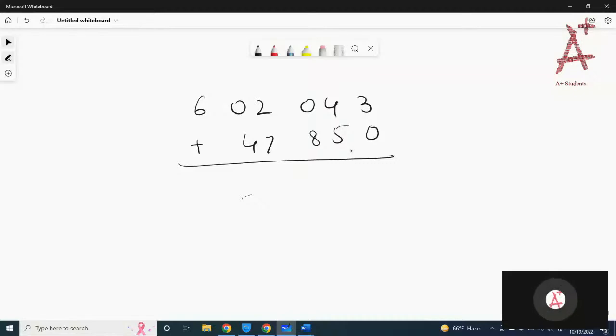So 3 plus 0 is 3. 5 plus 4 is 9. 8 plus 0 is 8. 7 plus 2 is 9. Olamide, have you found the lesson? 4 plus 0 is 4, and here you have 6. You just need to add all the digits. Got it? Whenever you have to add, you have to start from the ones digit and you have to add the numbers. Got it?